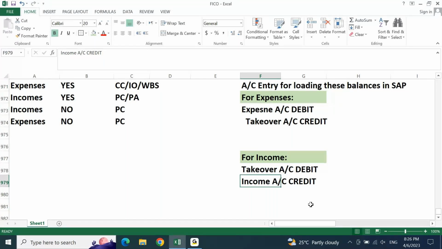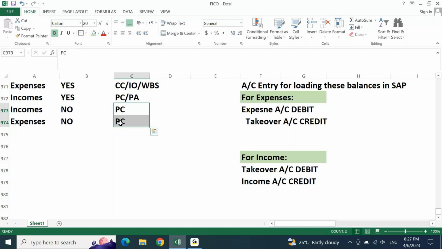Now, if your accounts are not cost elements, these are only GL accounts, what we need is only profit center, profit center accounting. Profit center is part of financial accounting. So, if somebody is telling, if it is not cost element, why do you need profit center? They may put cross questions like this also.